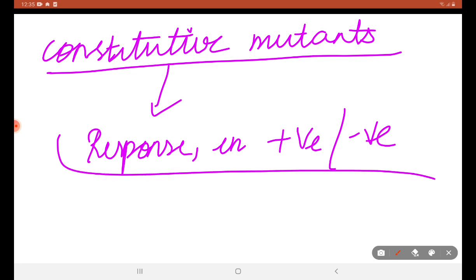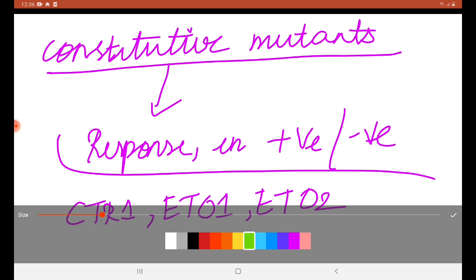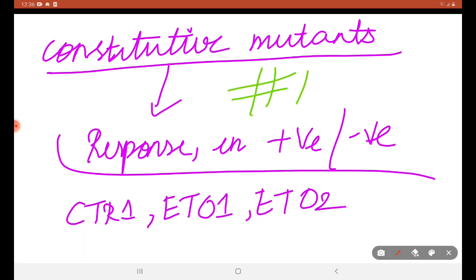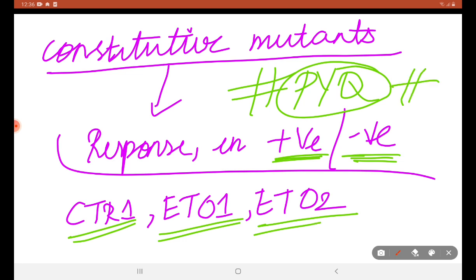It is seen in CTR1, ETO1, ETO2. This is an important previous year question. What is the constitutive mutant's response? It gives a response even in presence or absence. Constitutive mutants are seen in CTR1, ETO1 and ETO2. It is an important previous year question.